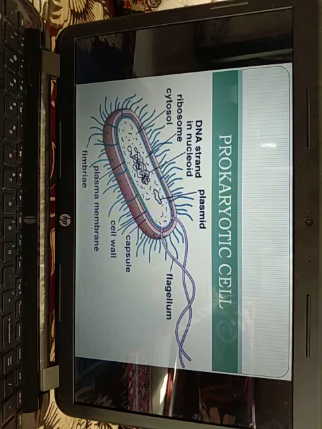Neutral fats are absent; instead, poly-beta-hydroxybutyrate, or PHB, granules are present. A biodegradable plastic can be prepared from the PHB. Now, carboxysomes occur in the photosynthetic forms.